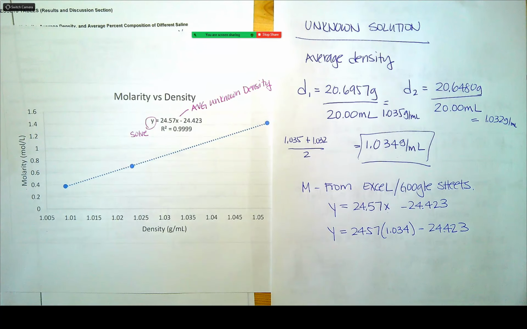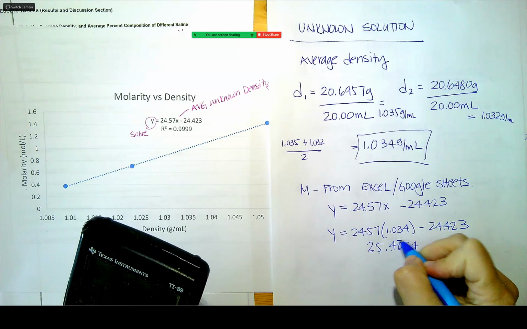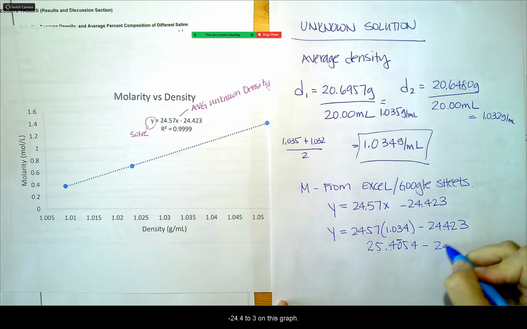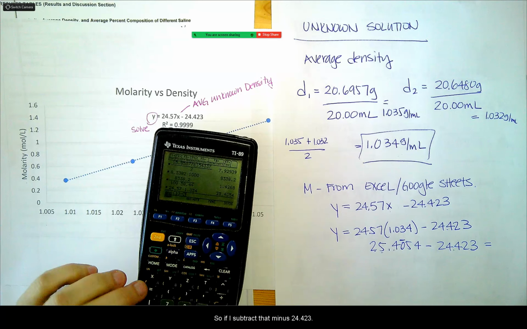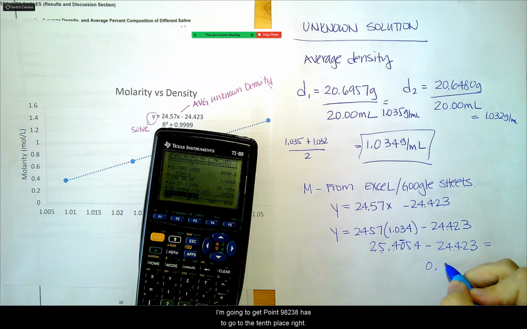Now 24.57 times 1.034 is 25.4054, only 4 sig figs, so 1, 2, 3, 4, minus 24.423 on this graph. If I subtract that, I'm going to get 0.98238. It has to go to the hundredths place, right?